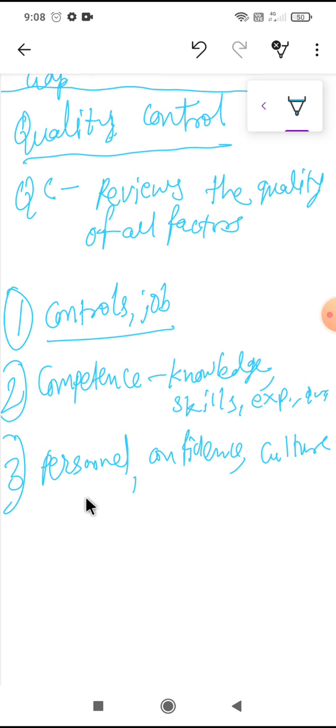What is the culture? Motivation, team spirit, etc. So this comes under soft elements. So these are the main basic three approaches this quality control places emphasis on.